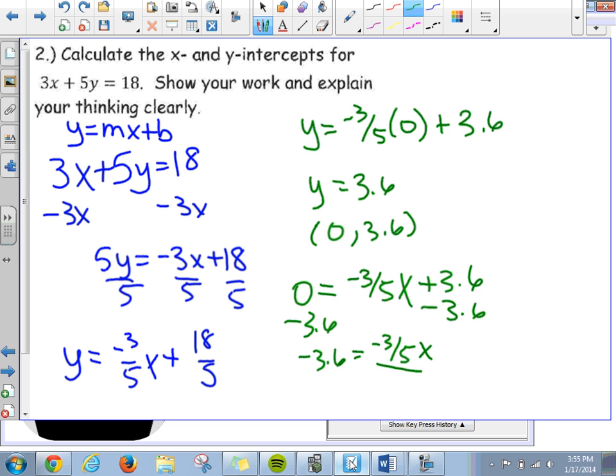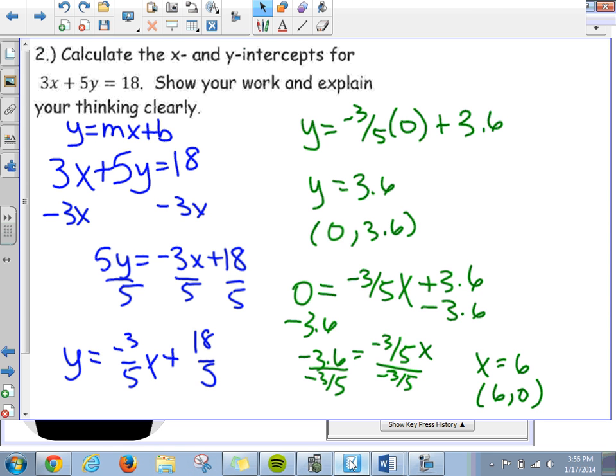When we divide both sides by negative 3/5, you'll find that x is equal to 6. So algebraically, if we have 6, 0, that's going to be our x-intercept. So those are some ways algebraically and also using our graphing calculator where we can find those things.